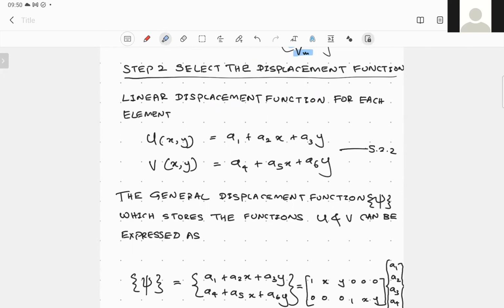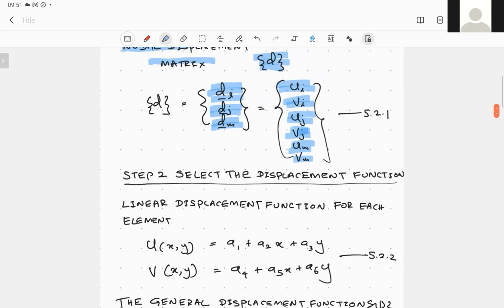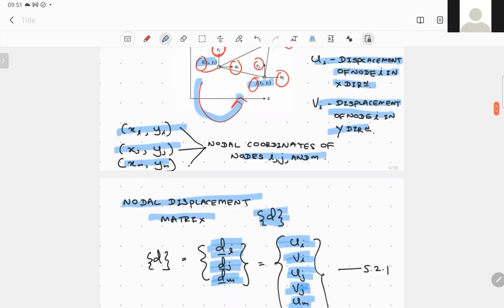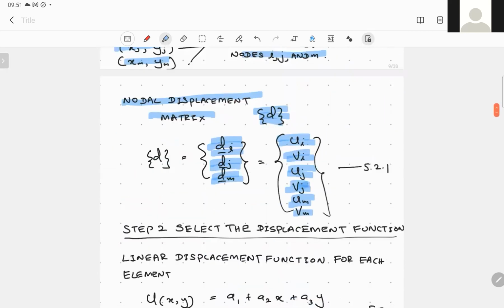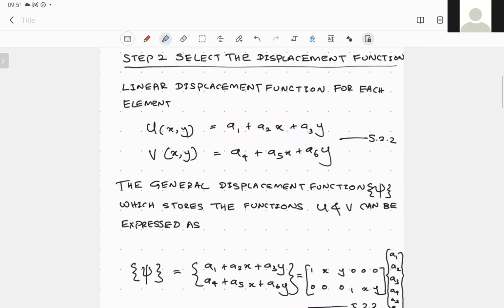Okay, so the simplest case to start with, and of course, when we talk about compatibility conditions, when we are talking about a line, if we consider two points, because we know in this element where we have three nodes, if we consider two nodes, they are connected by a line. So if we define two nodes, they can be easily characterized by a line.